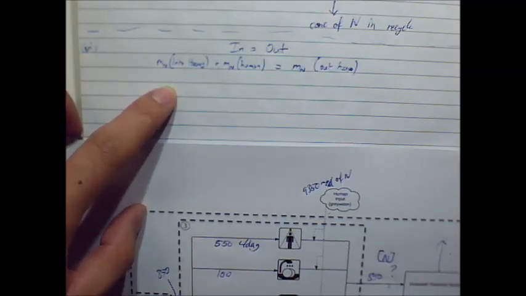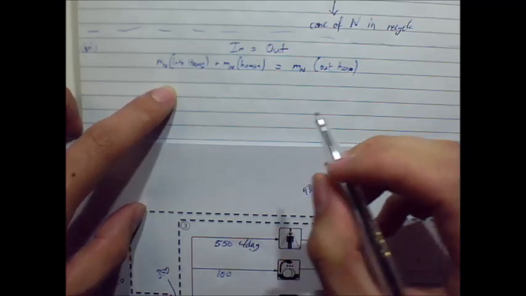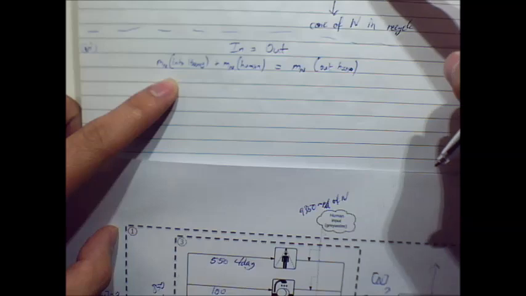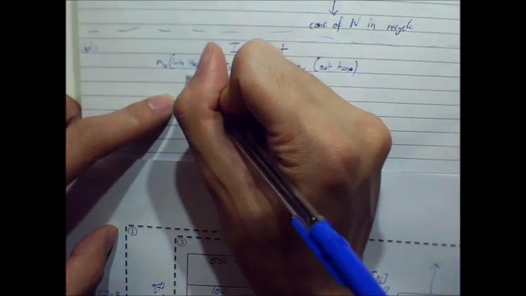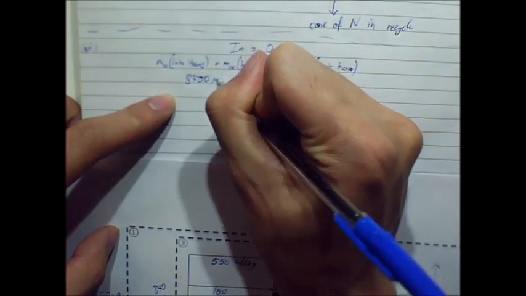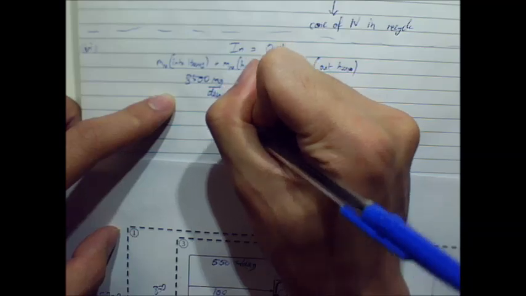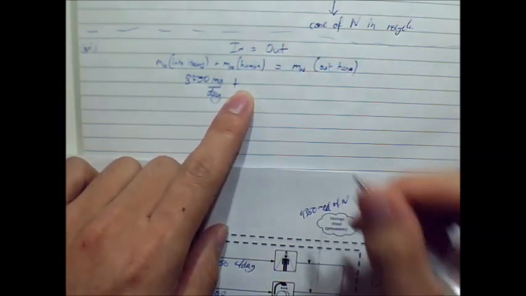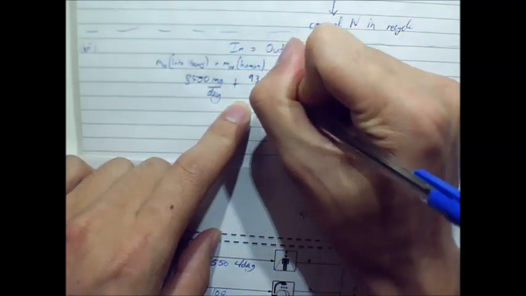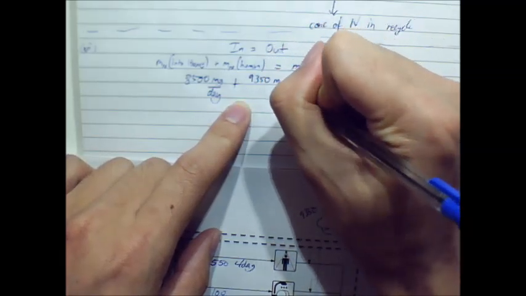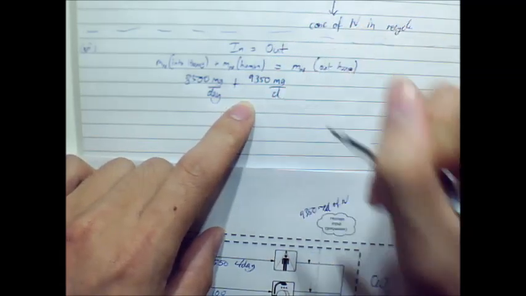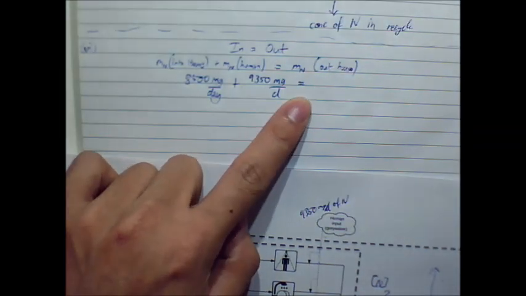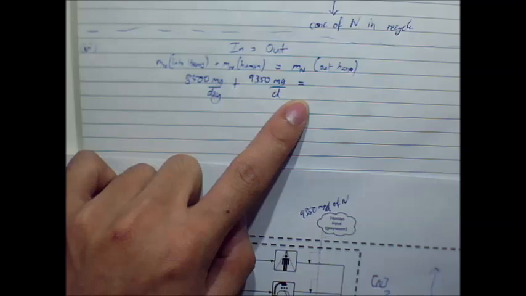Mass flow of nitrogen is, yeah, there it is: 8,500 milligrams per day, plus how much nitrogen is coming in from the humans. We worked that out from very early on, which was 9,350 milligrams per day, is equal to the mass of nitrogen coming out here.